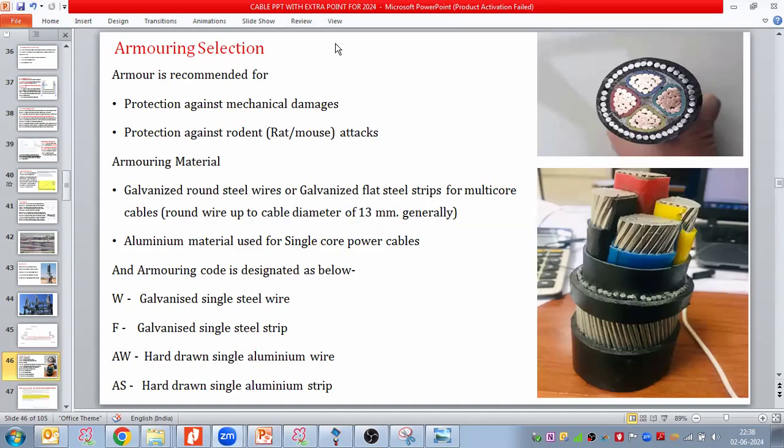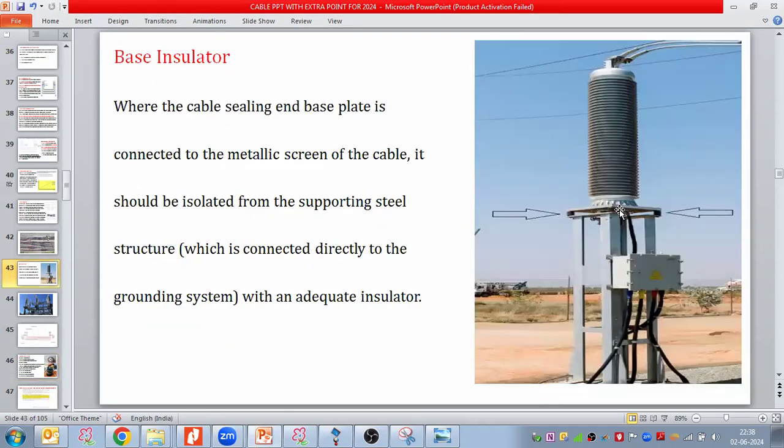You revise again, then let me know, Joseph. I'm telling that the metallic screen is connected to this base plate. Due to this reason, the base plate should be isolated from the grounded metallic structures. This is what I'm telling. Yes, the base insulator is correct.